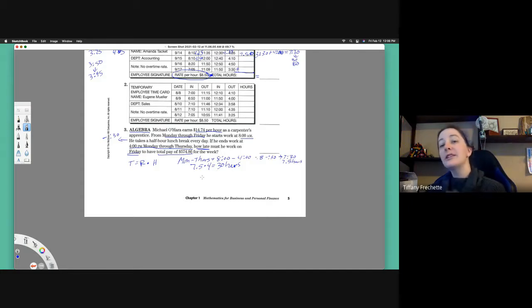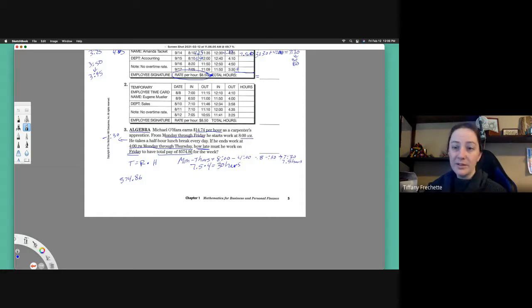We need to know how many more hours he has to work on Friday so that he can get this total pay. So if we know the total pay he wants is $574.86, and we want to subtract what he already has, what he's already made.